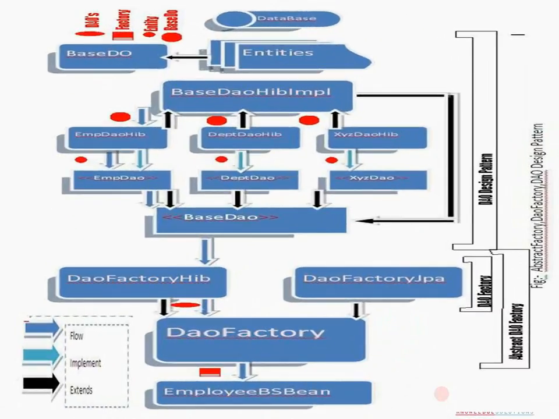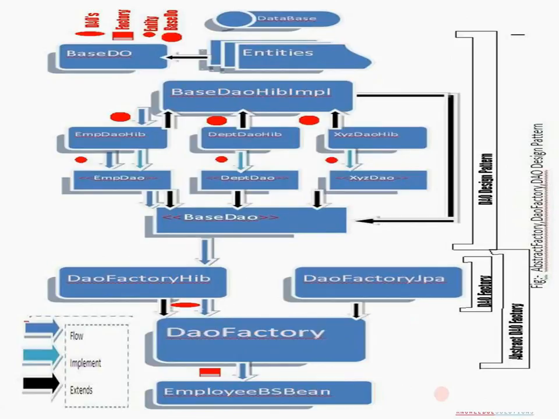So here, if you see, this is how the data access object factory will work along with the abstract factory and factory pattern of the Gang of Four. And here, within a factory class you can have many data access objects being provided.